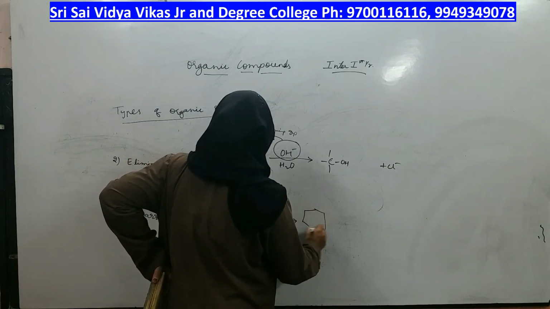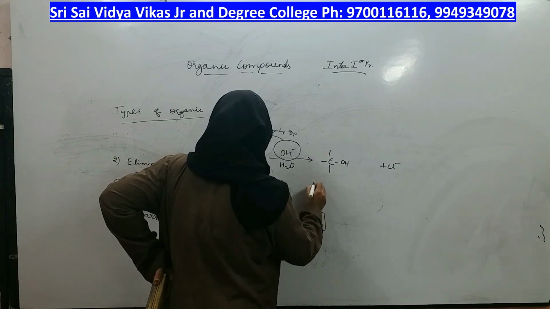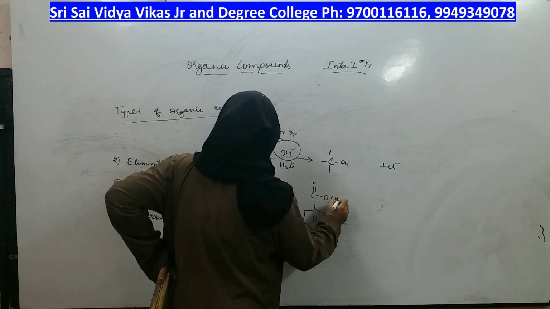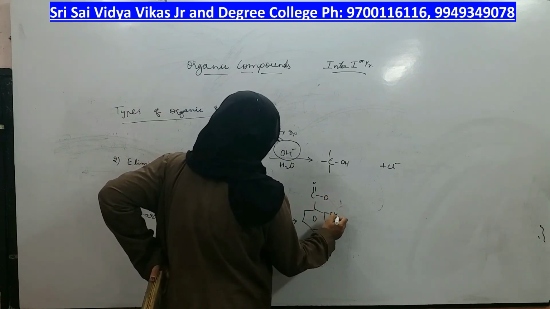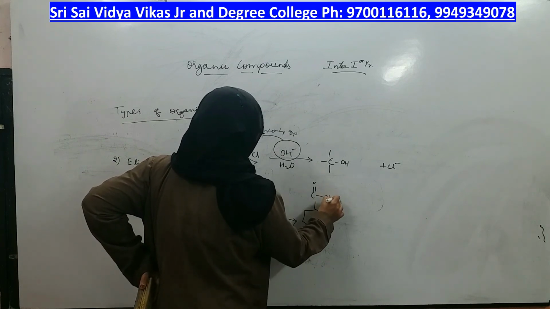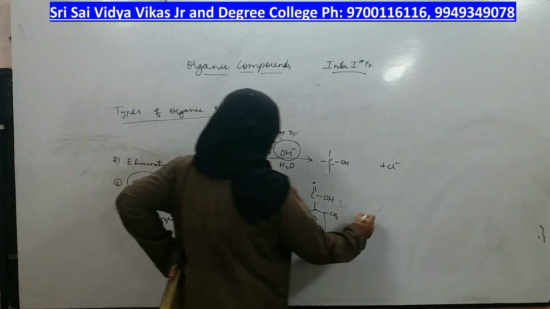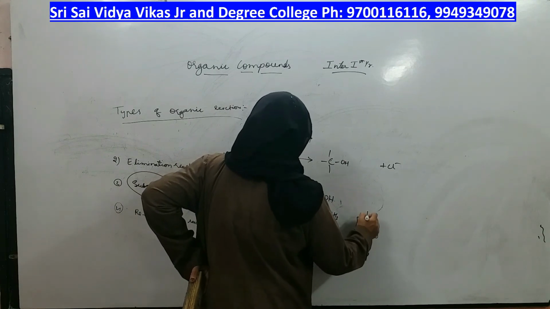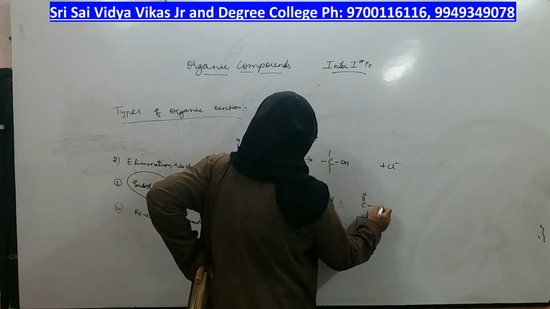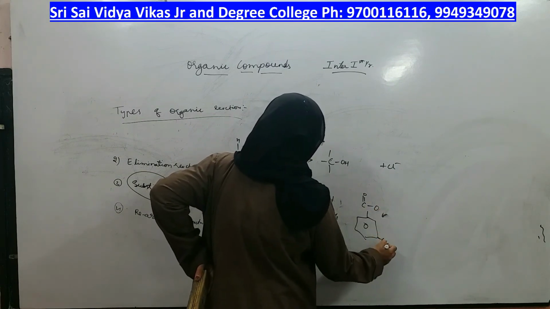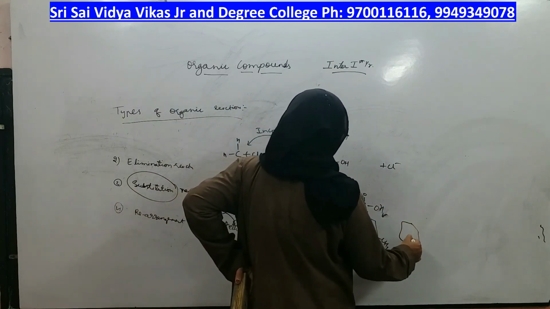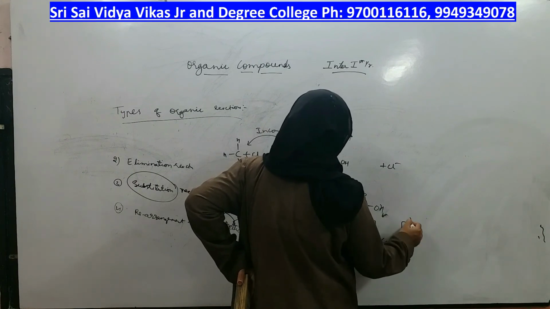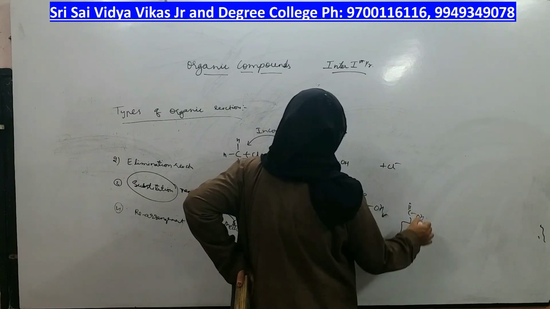So what happens is, out of C double bond O, CH3 will go to this carbon and its hydrogen comes to this carbon, or CH3 will go to this carbon and OH will come to this carbon.